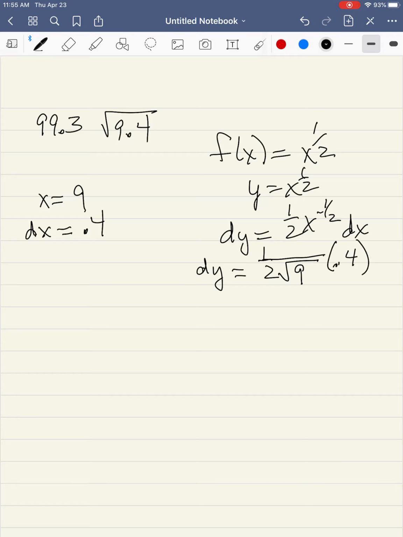We're going to plug in 9, and here we'll put in 0.4. So that would give us 0.06 with the 6 repeating.